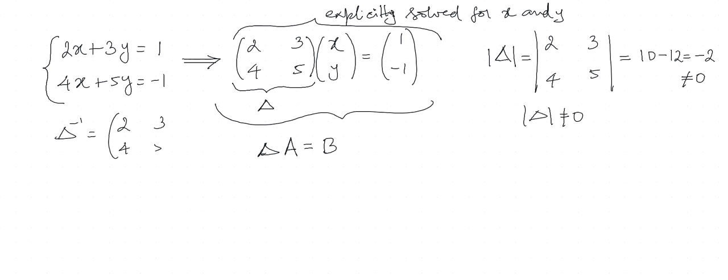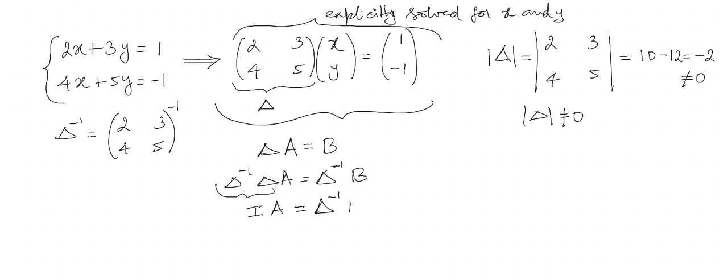Then all we need to do is multiply delta inverse by delta, A equals delta inverse multiplied by B. These two will become an identity matrix, and A will be equal to delta inverse B. So the first step is to find the delta inverse. Do you know how to find it for this 2 by 2 matrix?